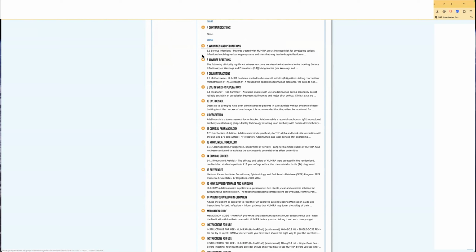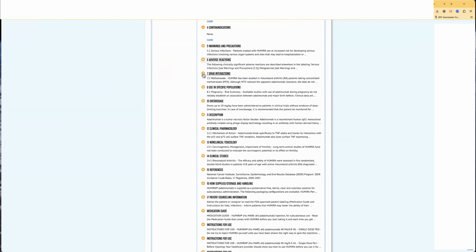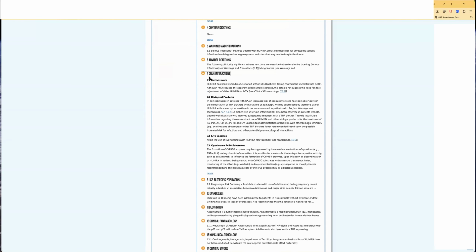Now we continue with the adverse reactions, where, in more depth, we learn about any potential harm, and the extent of the harm, that a patient using this drug may experience. Then we have drug interactions, where, as you see, we have more information about which drugs we should not use when using this product.